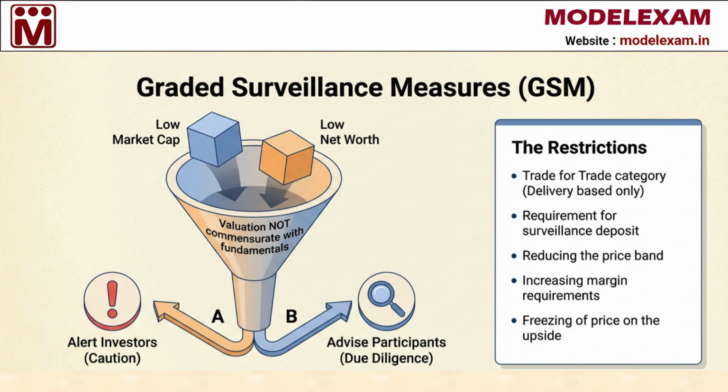The goal is twofold. First, to alert investors like you to be cautious. Second, to advise market participants to do extra due diligence. Depending on the severity, the surveillance can trigger restrictions like requiring a surveillance deposit, reducing the price band, or freezing the price on the upside.